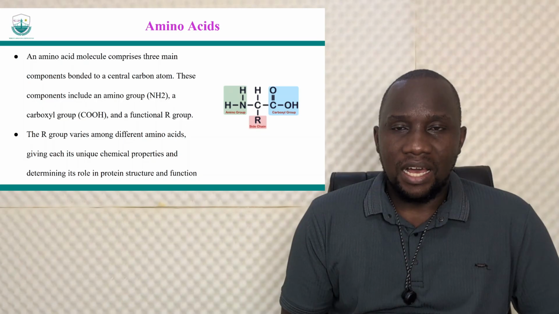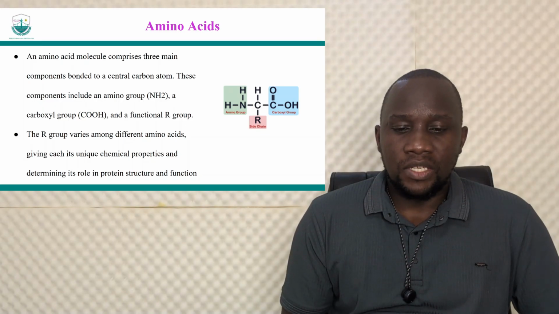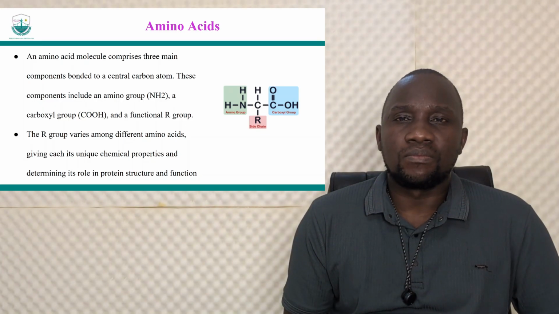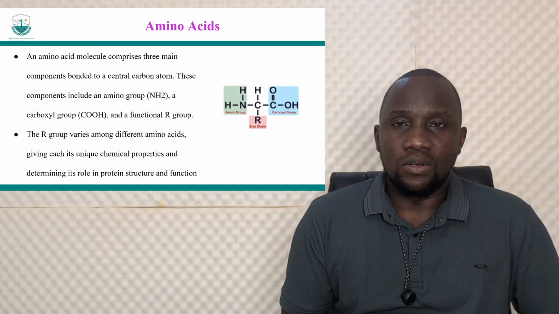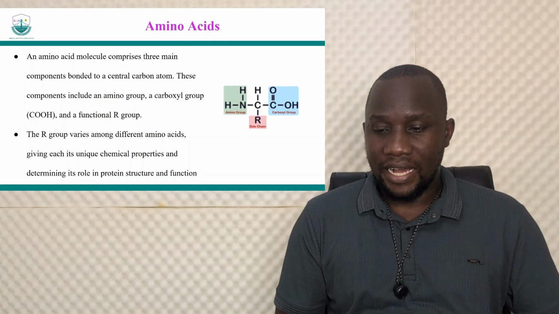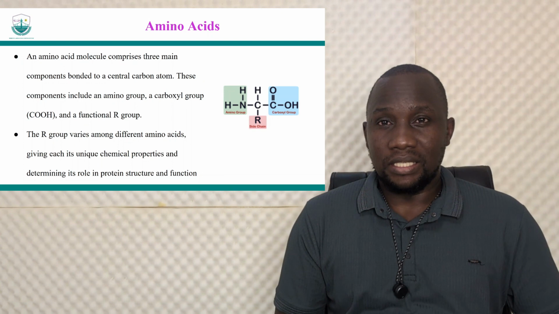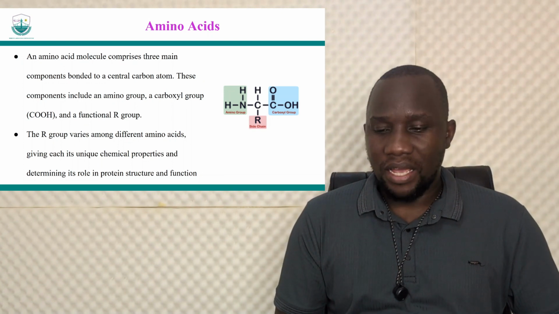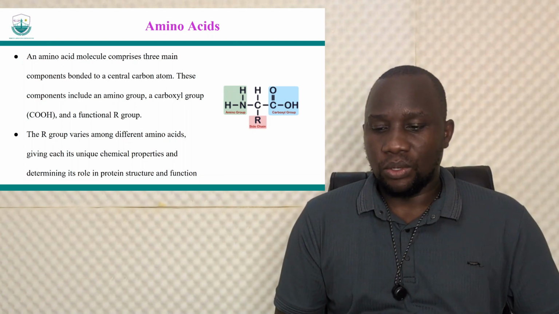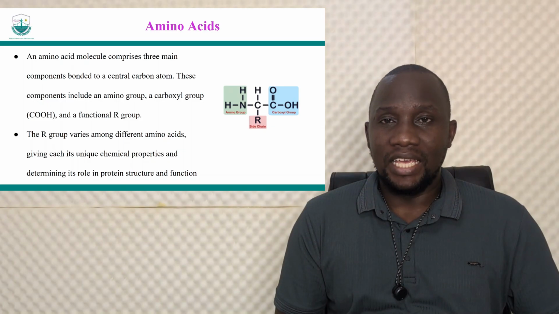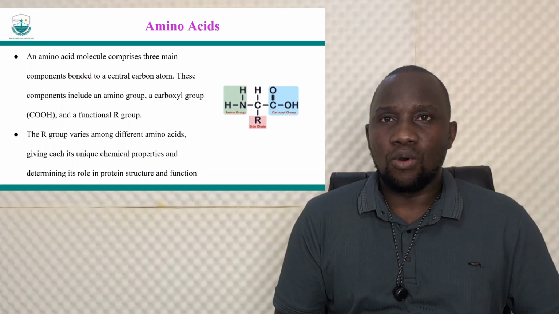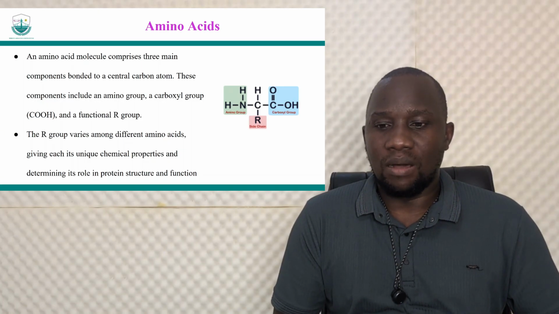So what definitely happens is that you have the amino group reacting with the carboxyl group. Each amino acid has three components. You have the amino group and the carboxyl group, and then the side chain. Remember that these are all connected to what we term as the central carbon.